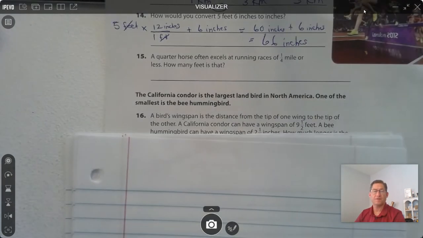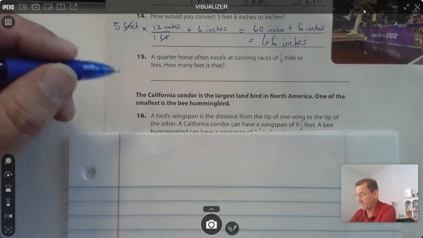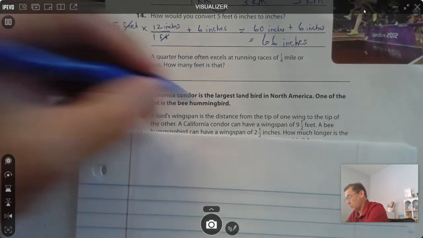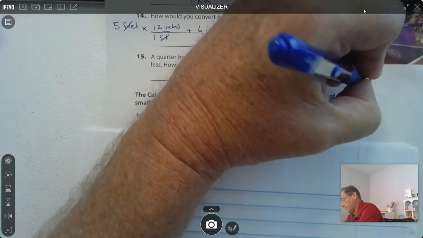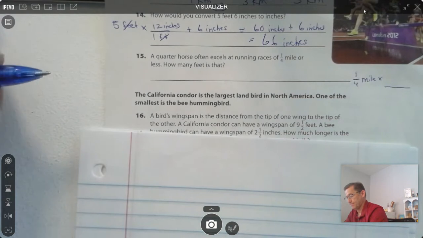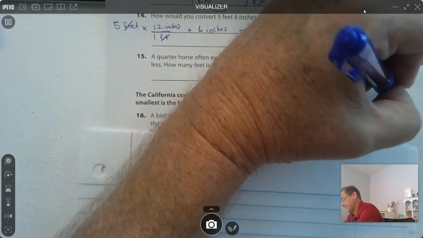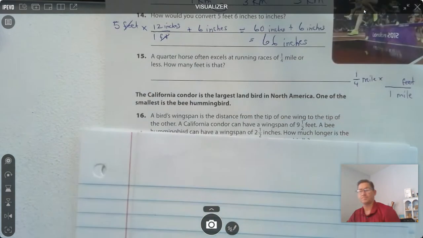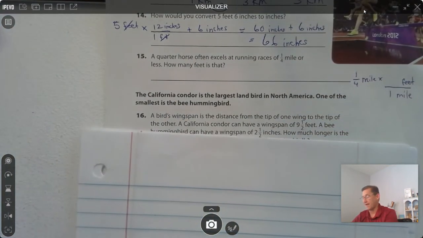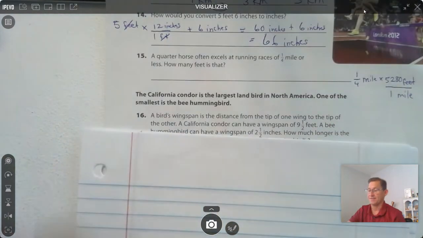All right, 15. A quarter horse often excels at running races of 1/4 mile or less. How many feet is that? Okay, so 1/4 mile times how many feet in 1 mile? 5,280 feet.